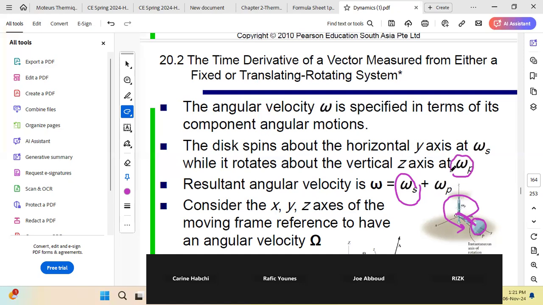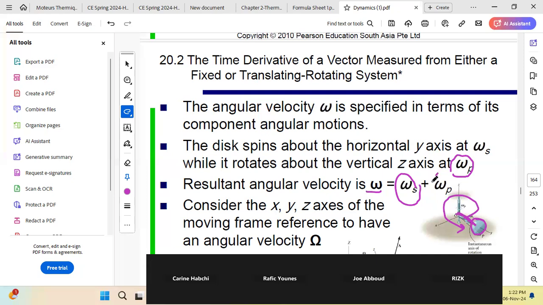And then we can say that in total, the type of motion is general plane motion, because the axis of rotation of the disk is not fixed, it's moving. So we are in the case of general plane motion in 3D. And to find the total angular velocity of the disk, we divide it into two parts.